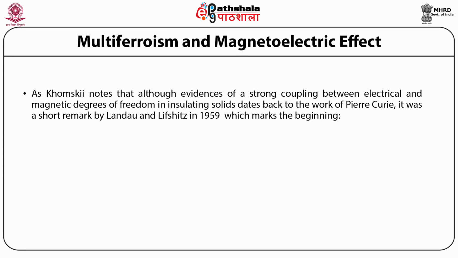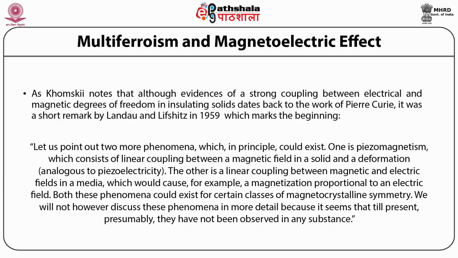As Comiskey notes, although evidence of a strong coupling between electrical and magnetic degrees of freedom in insulating solids dates back to the work of Pierre Curie, it was a short remark by Landau and Lifshitz in 1959 which marks the beginning.